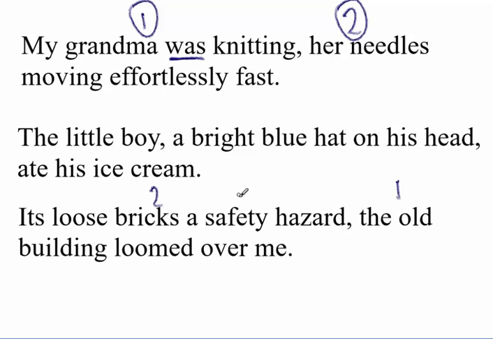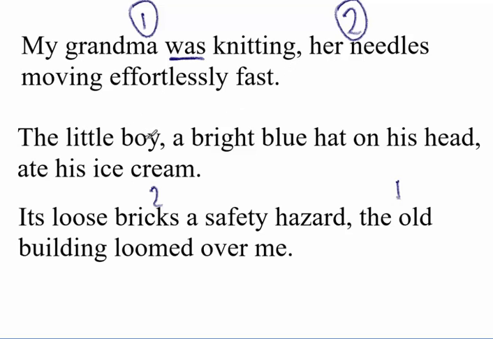Now, as always, we can put these level twos, these free modifiers, anywhere in the sentence pretty much in terms of the three slots. So we could have: her needles moving effortlessly fast, comma, my grandma was knitting. Or we could have: my grandma, comma, her needles moving effortlessly fast, comma, was knitting. Same with the second one.